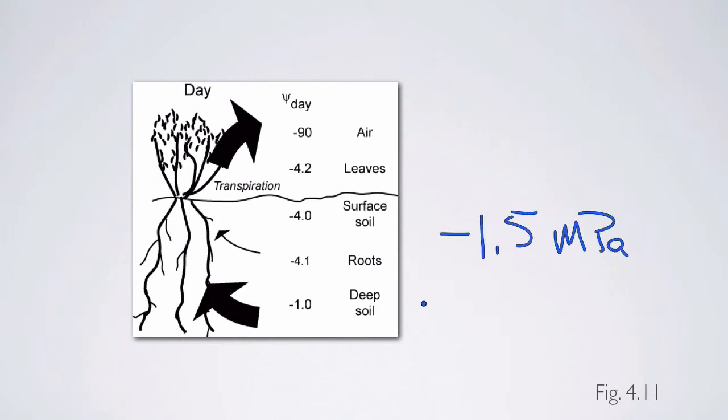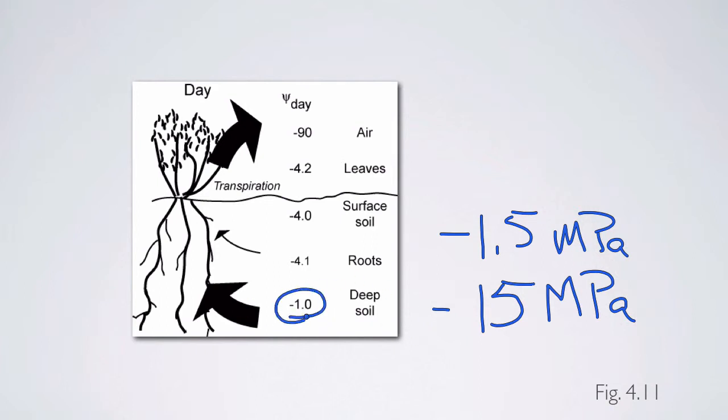But a number of plants that are drought adapted can get all the way down to -15 megapascals. Incredible tensions they're able to resist, and have water move through them at this really high tension. So in a deep soil, it might be somewhere on the order of -1 megapascals.